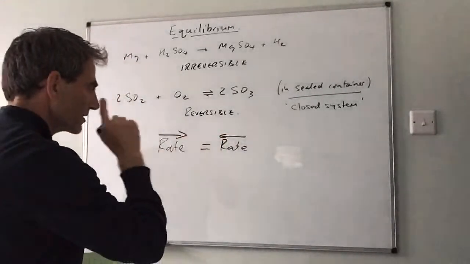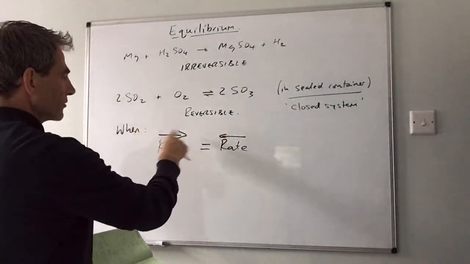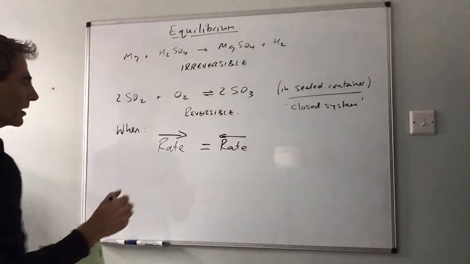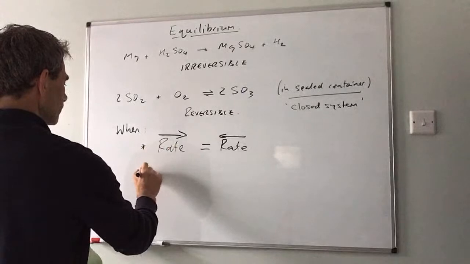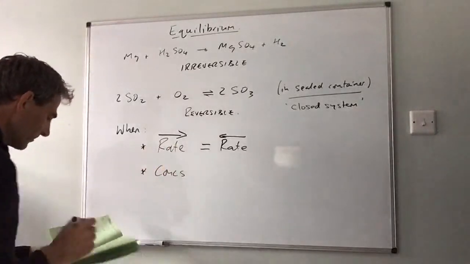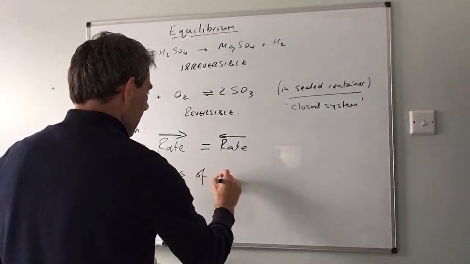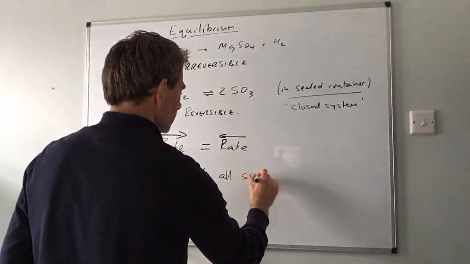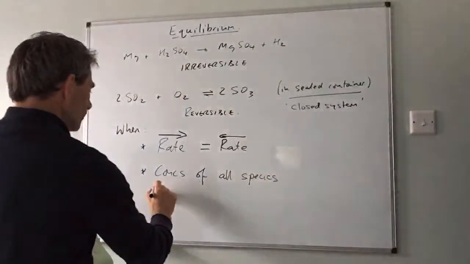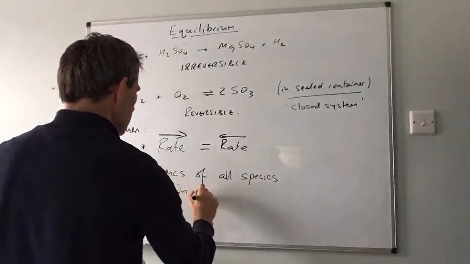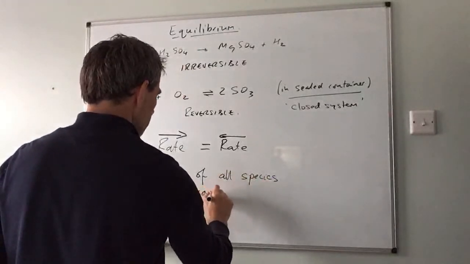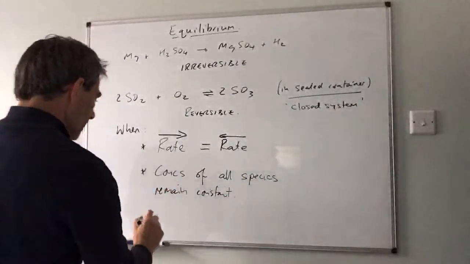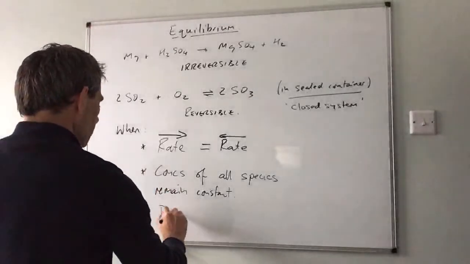At that point, the concentrations of all species, sulfur dioxide, oxygen and sulfur trioxide, remain constant or don't change. That's what we call a dynamic equilibrium.